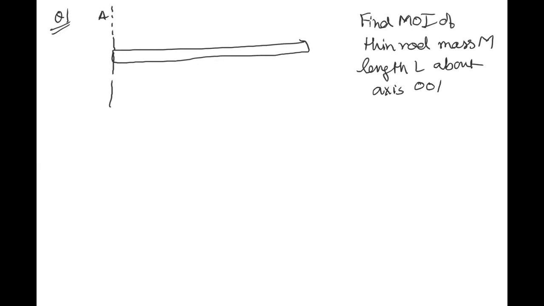A dash, O dash नहीं लिखूंगा, A dash लिख देता हूँ. So the answer you know already, right? ml square by 3. But I want you to apply the parallel axis theorem and confirm.